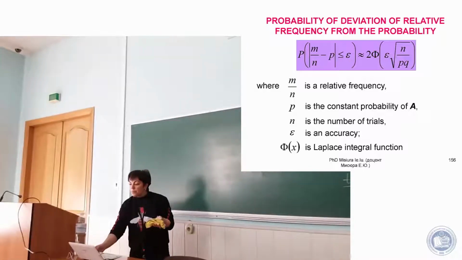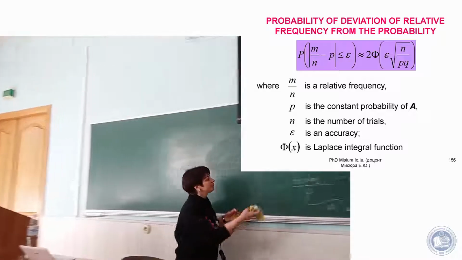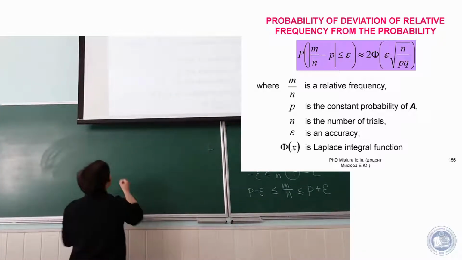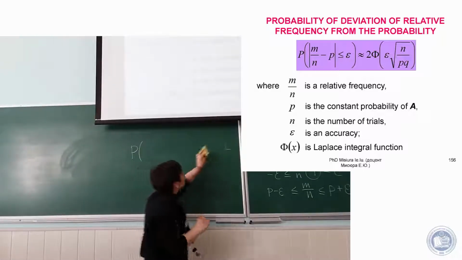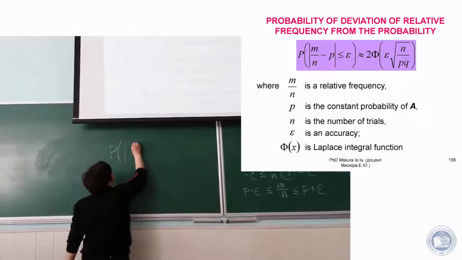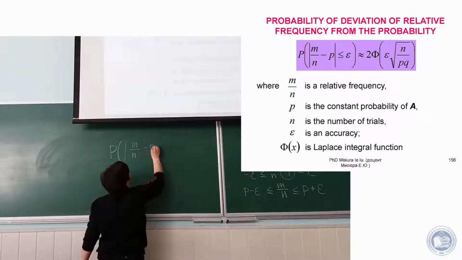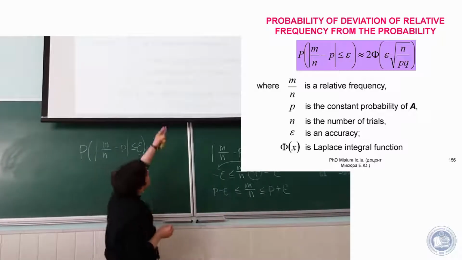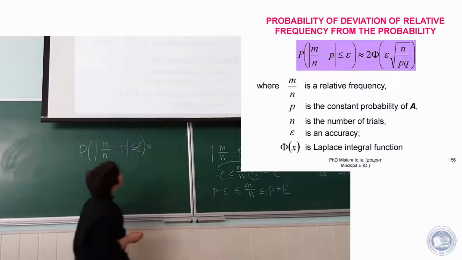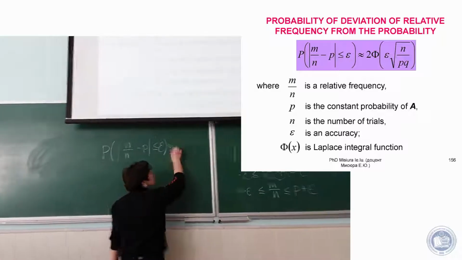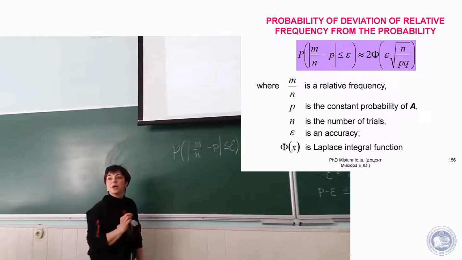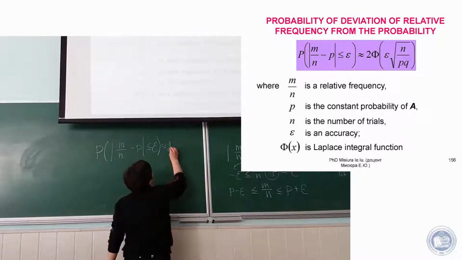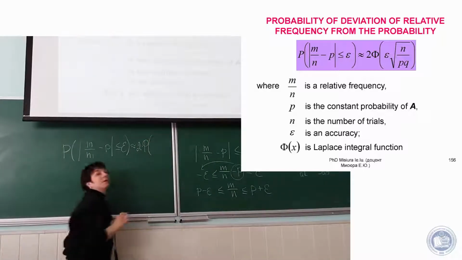And now please copy out this formula. Probability of deviation: module of m over n minus p less or equal to epsilon approximately equals 2 times phi of fraction.